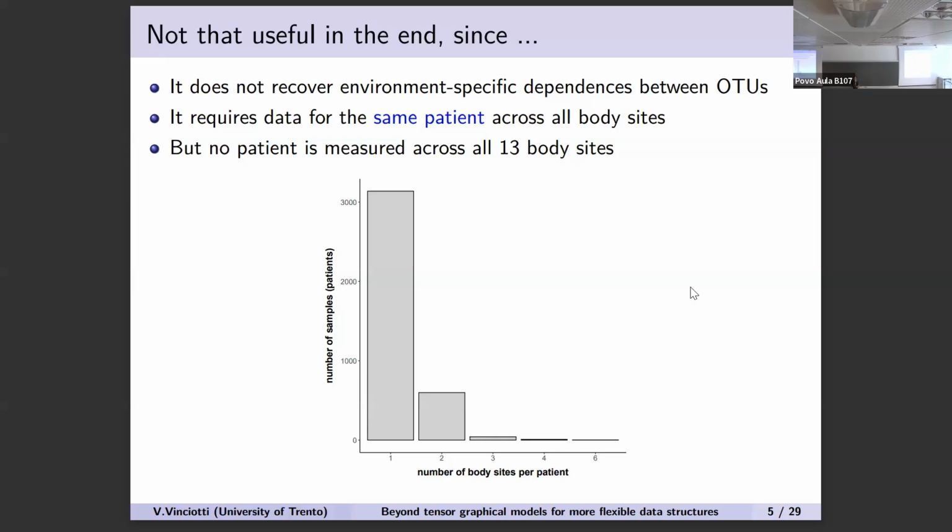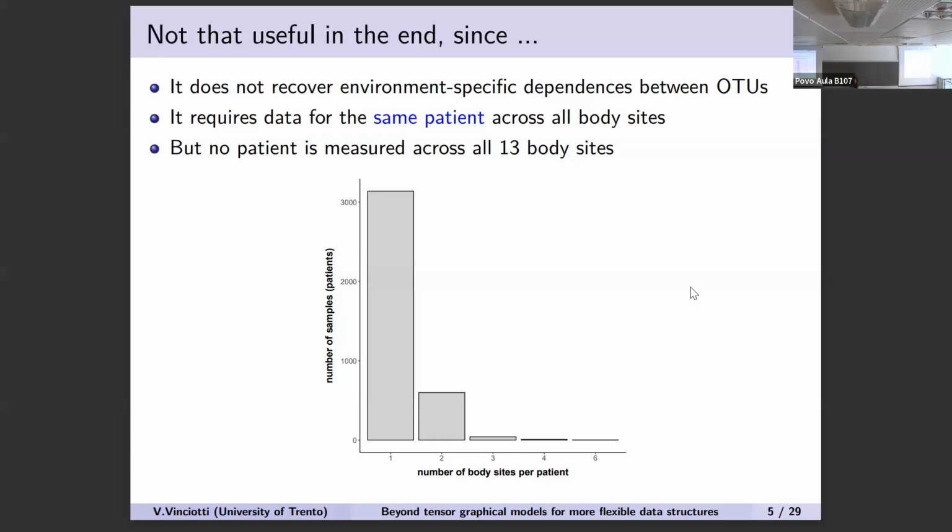You need to have the same patient where they do an experiment on the tongue, on the throat, on the stool, on the saliva, and so on. It's quite a rigid structure, particularly if you get to high-dimensional data. For example, longitudinal or temporal data can be like this. You follow up over time, but in biology, it's quite unusual.